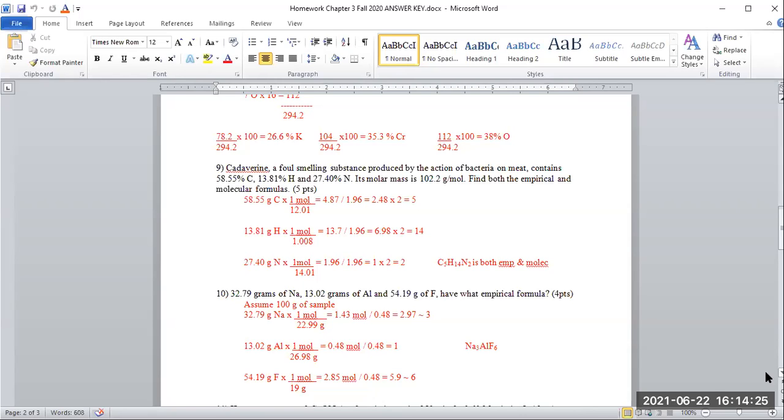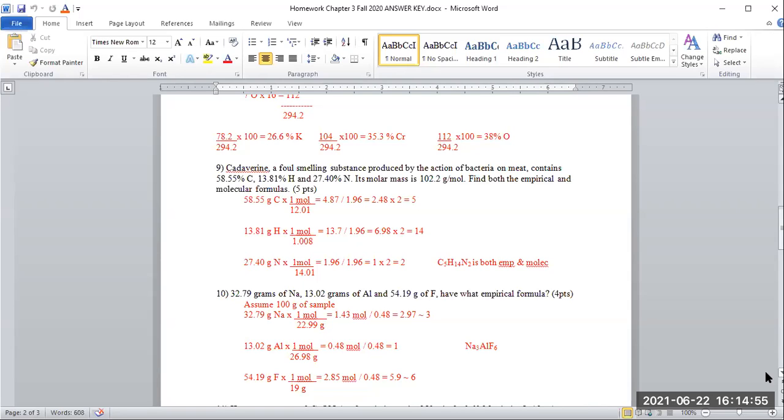Divide by the smallest one. This does not give you whole numbers. It gives you 2.48, 6.98, and 2. You cannot just round. You must multiply all of those by 2 in order to get rid of the half that occurred with your carbon.